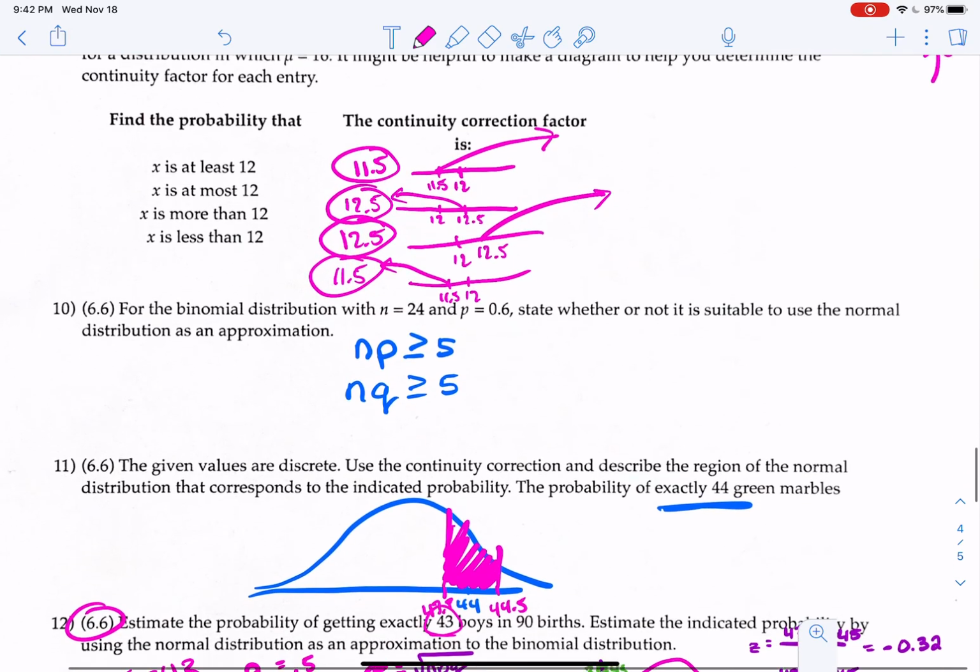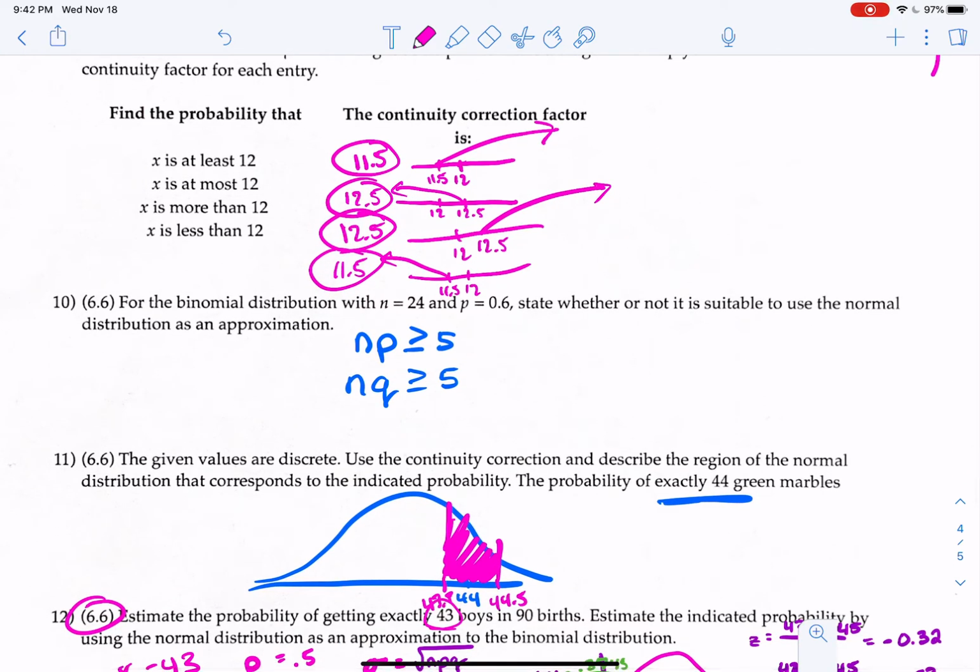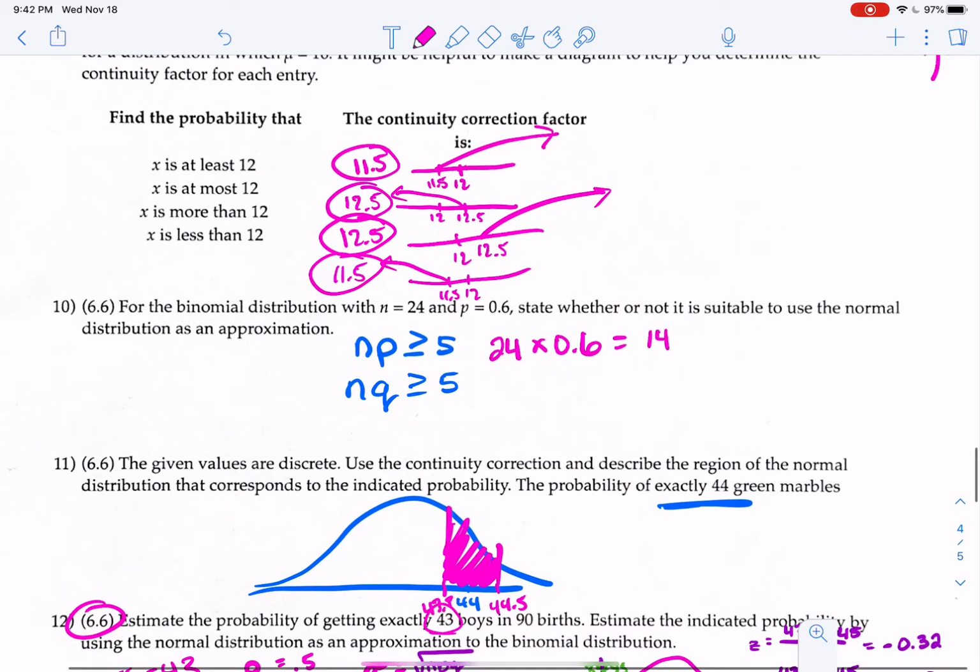Okay. Number 10, for the binomial distribution with n is 24, p is 0.6, state whether or not it is suitable to use a normal distribution as an approximation. This is just a yes or no question. So we take n times p, which is 24 times 0.6, and that is 14.4.